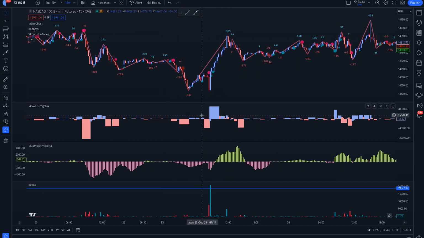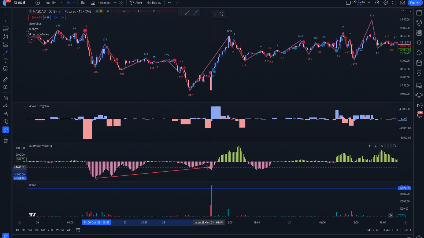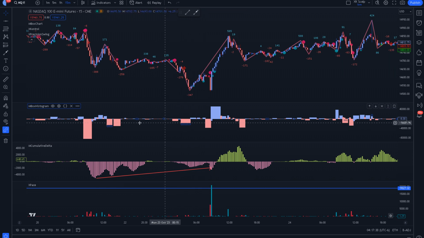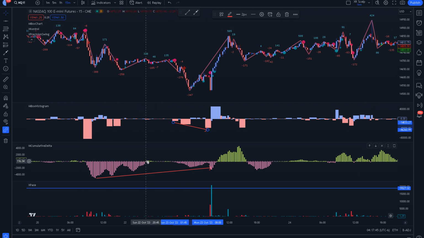But what we did get is this selling exhaustion pattern. And do you see here the MBox histogram and the cumulative delta don't seem to agree, right? Here it looks like expanding, here it's contracting. So we get conflicted information for bearish.